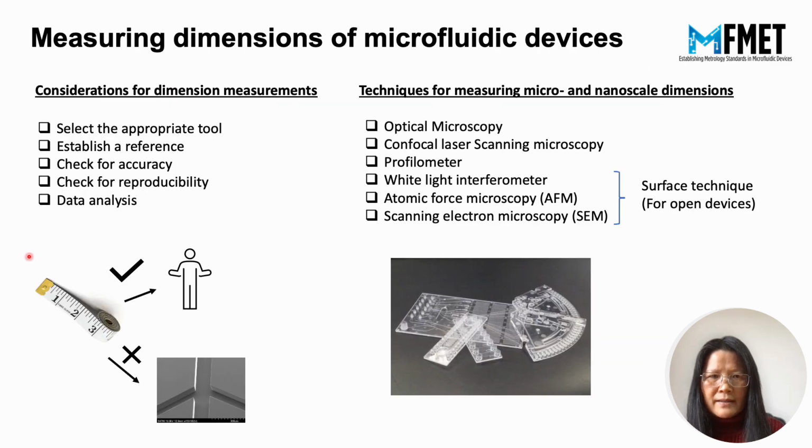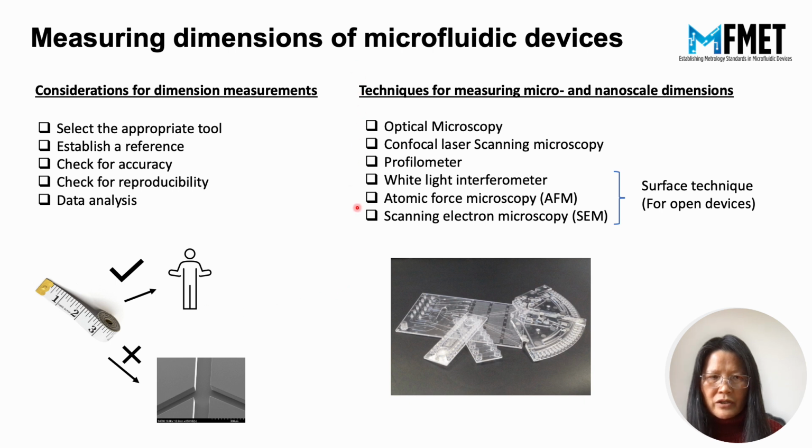To characterize the dimensions of a microfluidic device, we need to choose an appropriate tool. For instance, while a ruler with millimeter units is sufficient for measuring a person's height, it lacks precision for microfluidic channels. In such cases, an instrument capable of resolving features at the micron level is necessary.